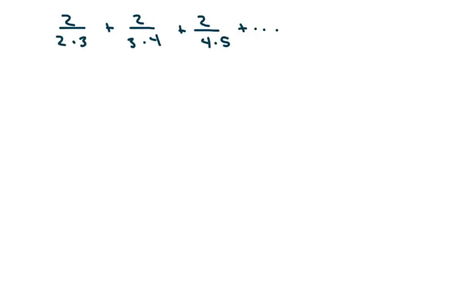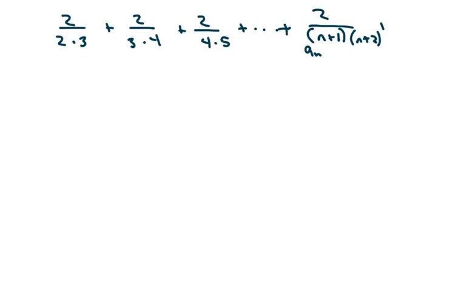Okay, the second one I have is this one, and we're going to do the same thing. We're going to find our pattern, our nth term. Our nth term is going to be 2, because the 2 is not changing, and the denominator is just going to be n plus 1 times n plus 2.